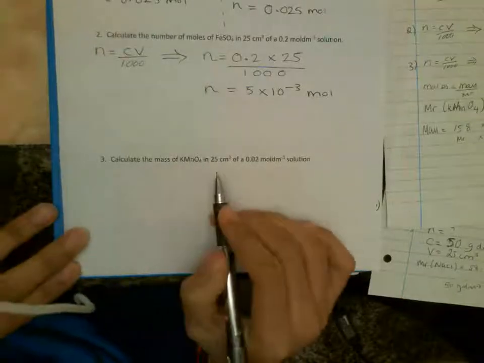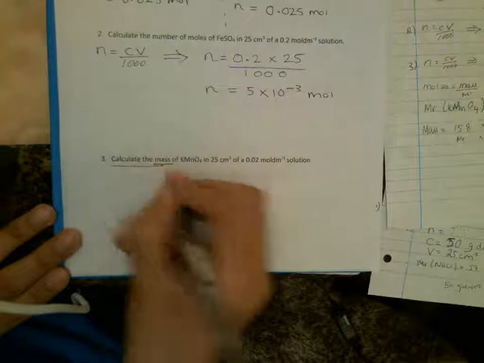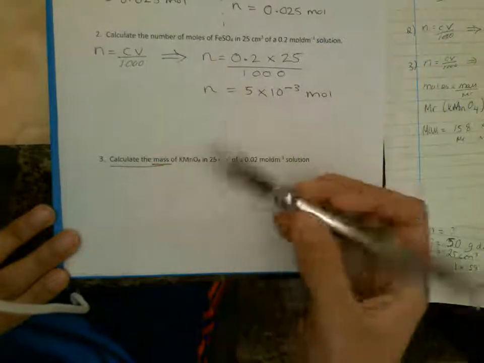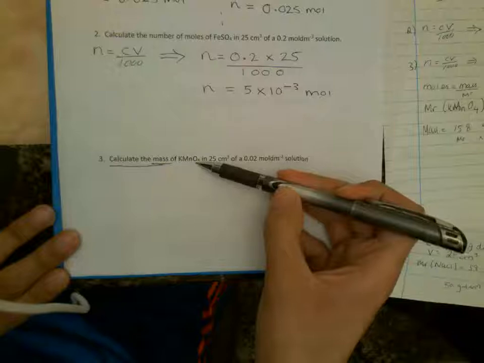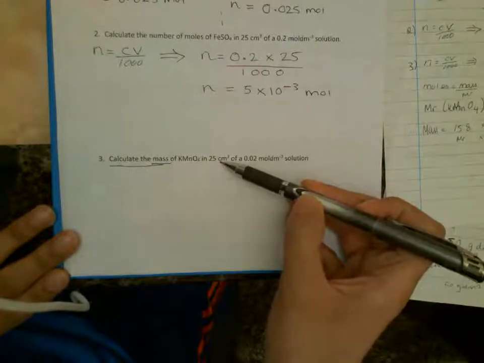Now calculate the mass of, okay, now here we go. So now we're not calculating just the moles, we're calculating the mass of potassium manganate that was dissolved in a 25 centimeter cube solution.